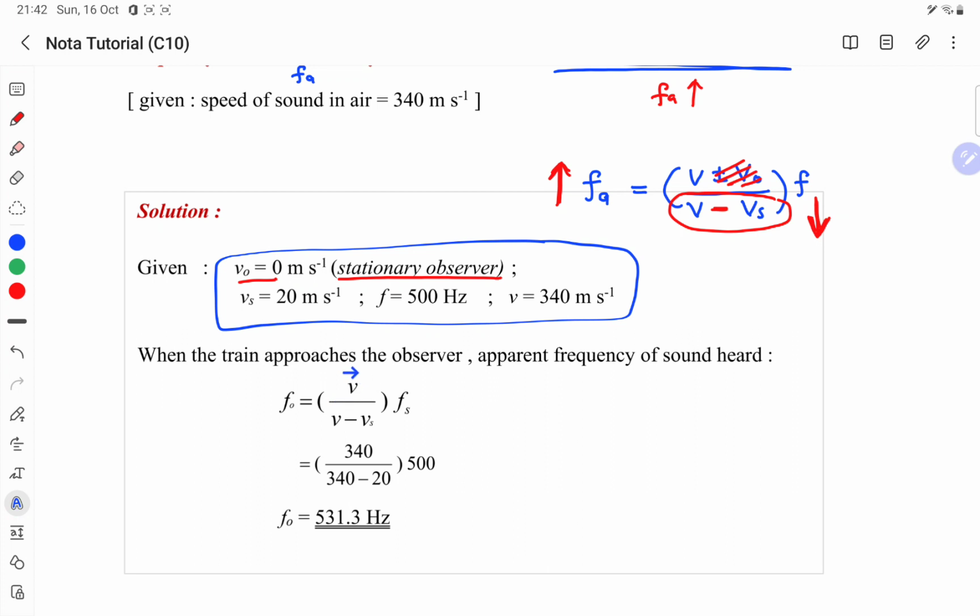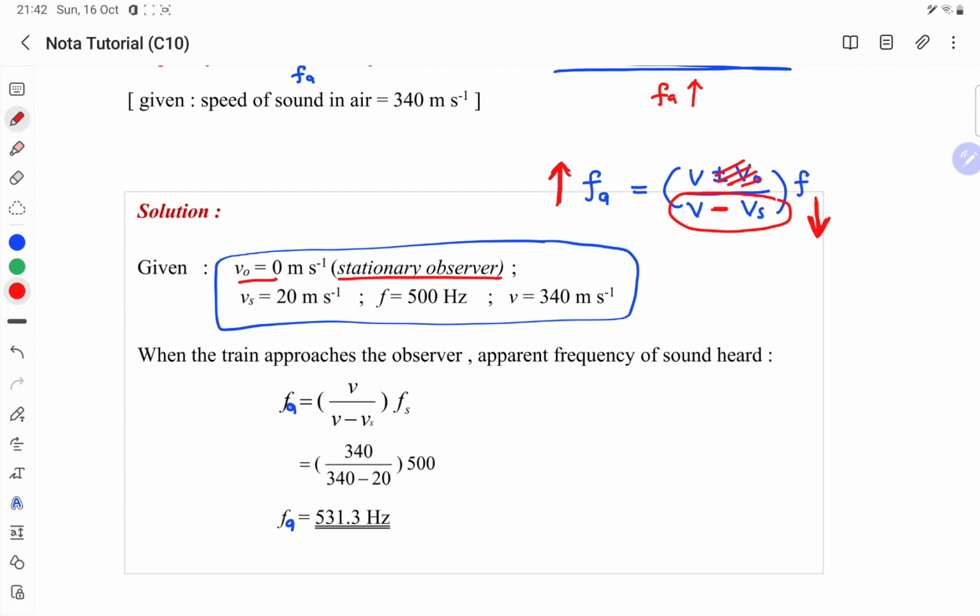Okay, so just substitute the values. The speed of sound is given in the question as 340 meters per second. So 340 minus 20, and the frequency of the source is 500. So the apparent frequency received by the observer is 531.3 Hz.